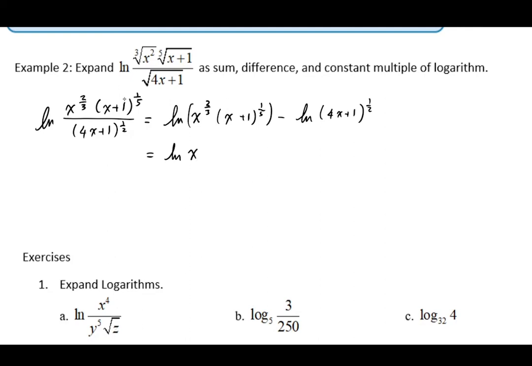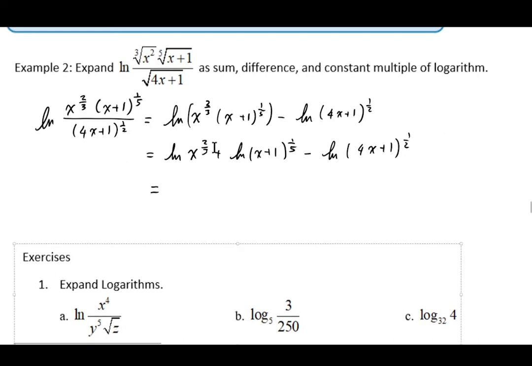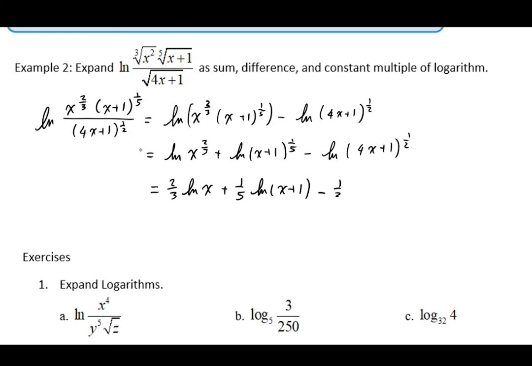So we have ln x to the 2/3 plus ln x plus 1 to the 1/5 minus ln 4x plus 1 to the 1/2 power. Now, using the third property of logarithm, these exponents come to the front. So we would have 2/3 ln of x plus 1/5 ln of x plus 1 minus 1/2 of ln of 4x plus 1. Now, these things don't get any simpler than this, so just leave it alone like that.